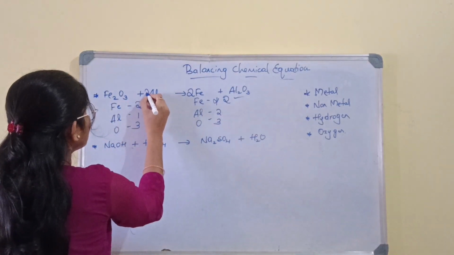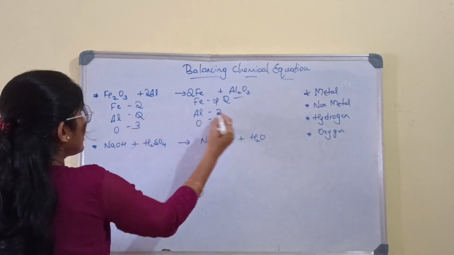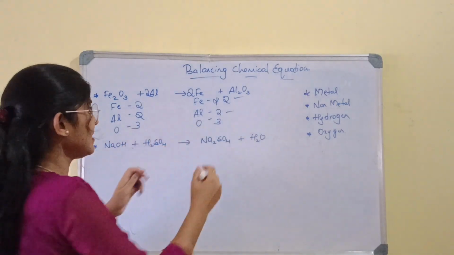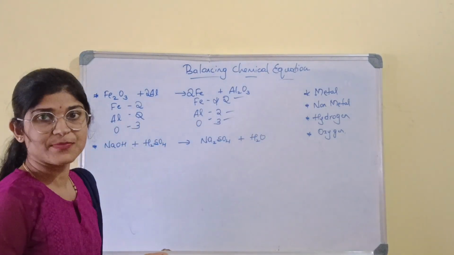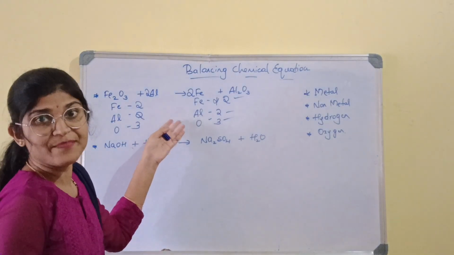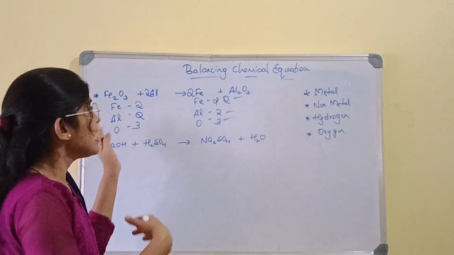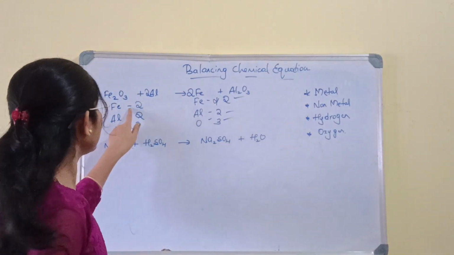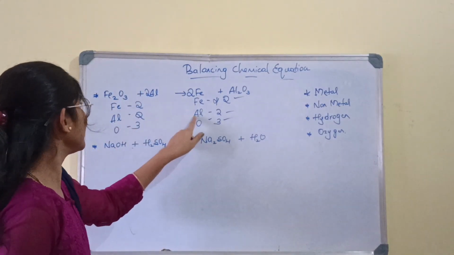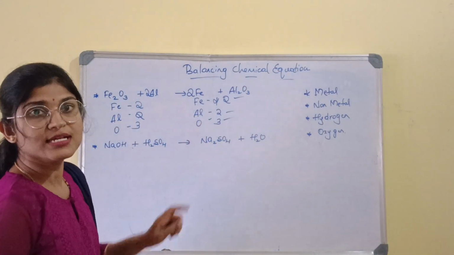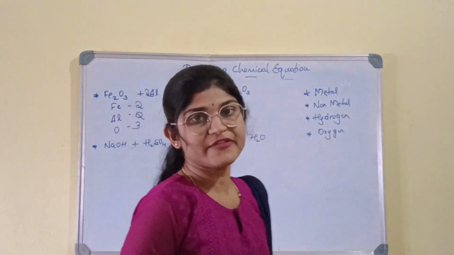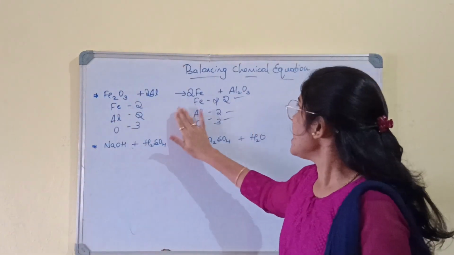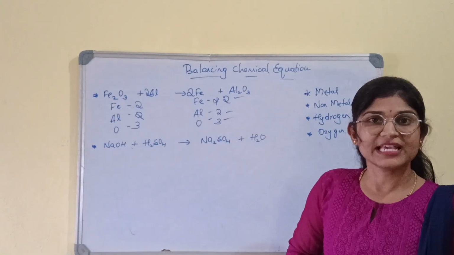You write 2, so it became 2 and balanced. Oxygen 3 is balanced. The final step is to check or verify that the number of atoms in the reactant side and the product side are equal. So iron 2, aluminium 2, aluminium 3, oxygen 3. This is the simple way to balance the unbalanced chemical equation.